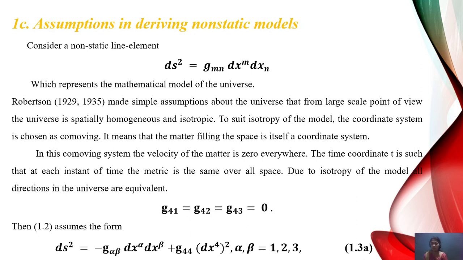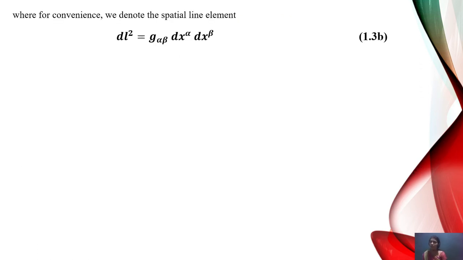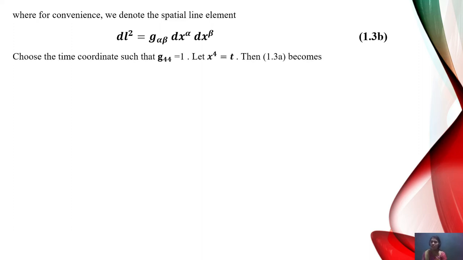For convenience we denote the spatial line element dl squared equals g alpha beta dx to the power alpha dx to the power beta.